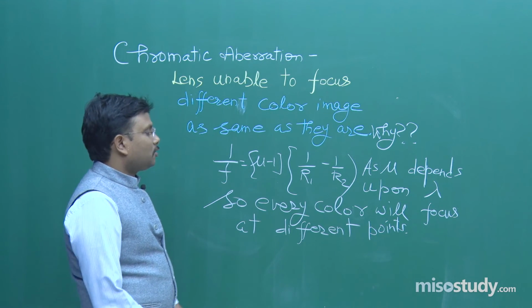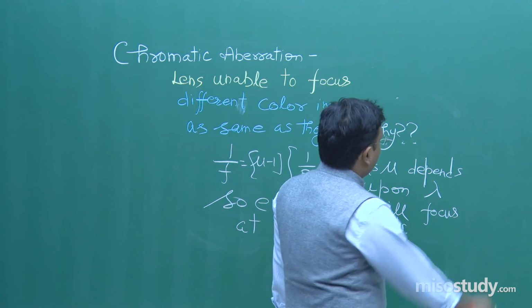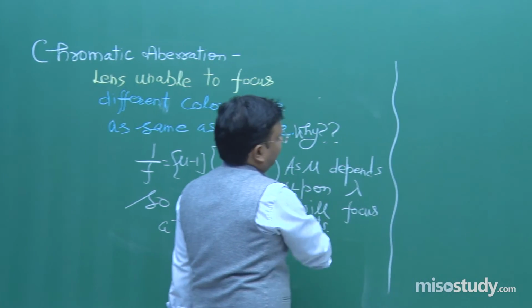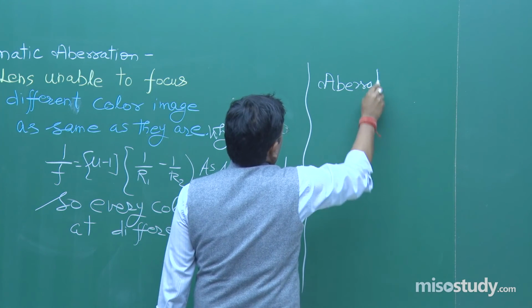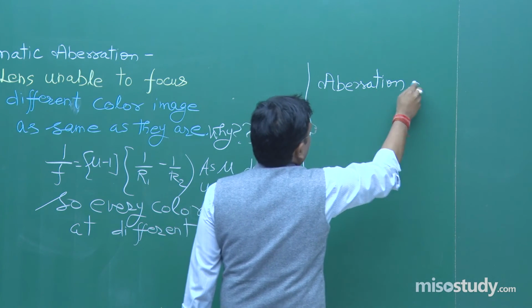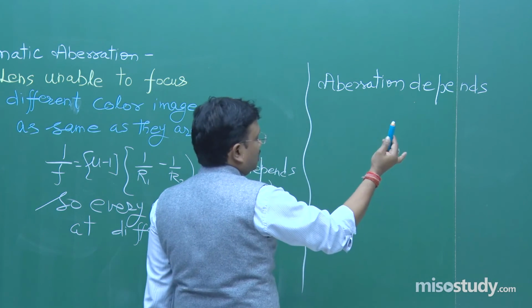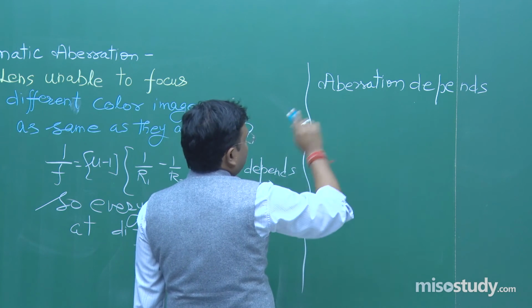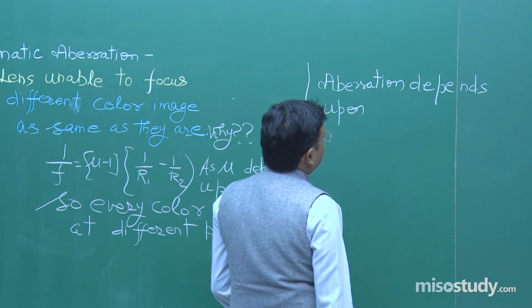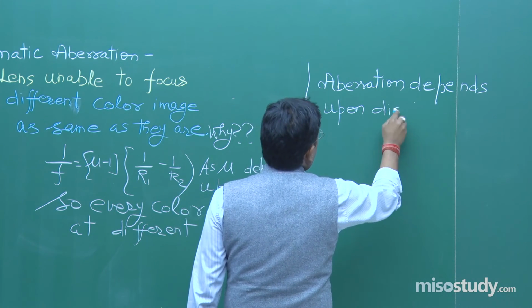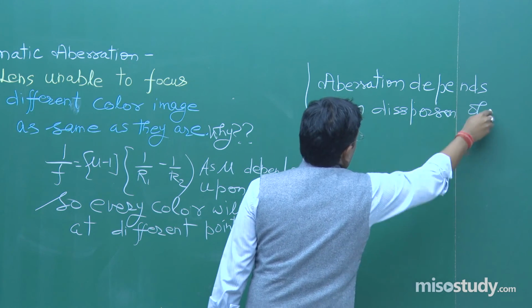One sentence I would like to mention here: aberration depends upon the dispersion of the lens.